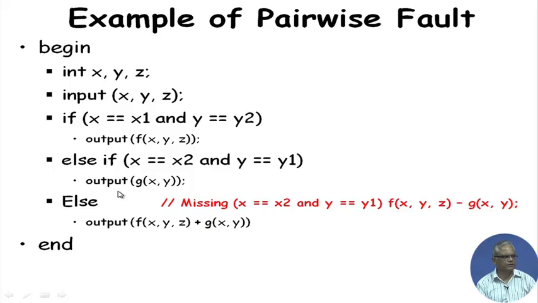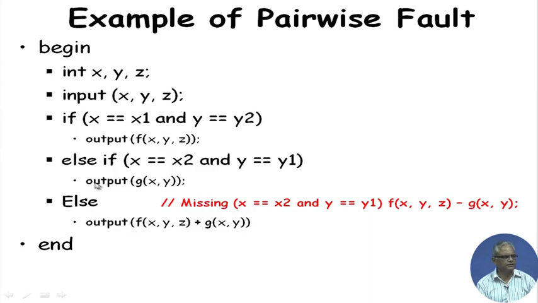At this point the programmer has missed writing this statement: else if x is equal to x2 and y is equal to y2, I should have written here y2, then the output should be f(x, y, z) minus g(x, y), else output f(x, y, z) plus g(x, y).